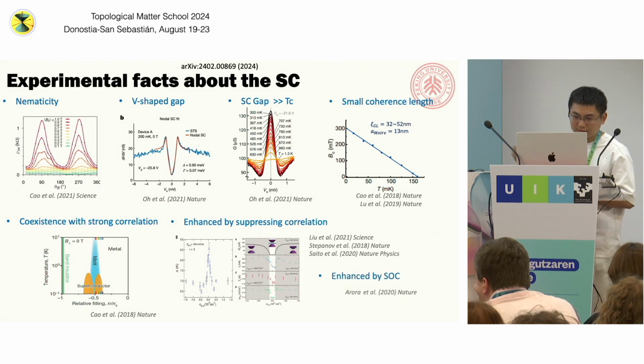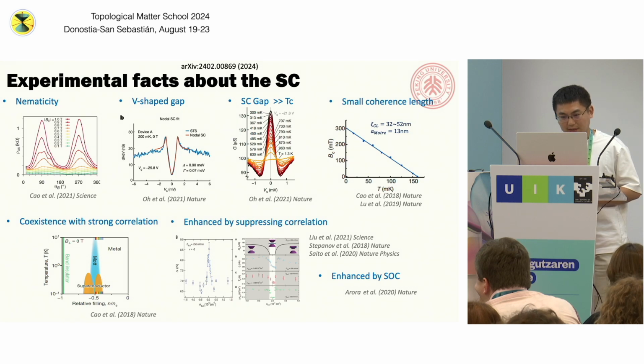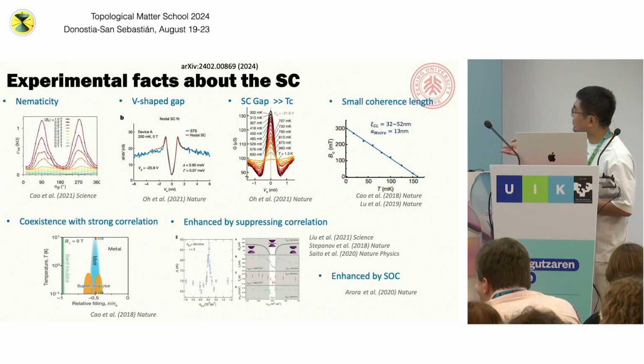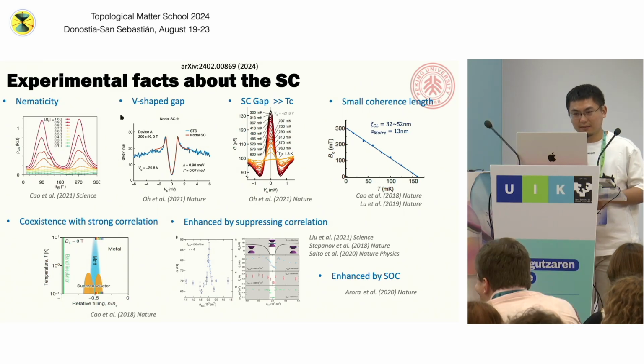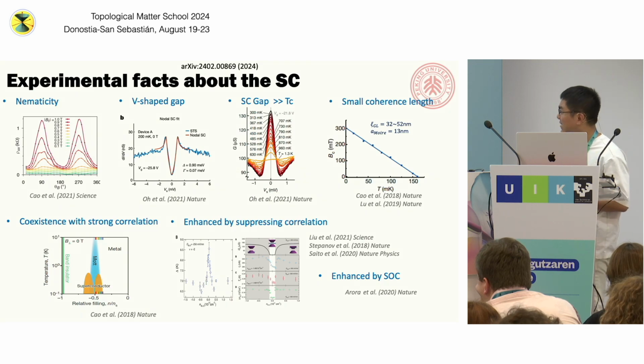So this might suggest a phonon-based mechanism. I think these are the key features that have been observed in experiments, and in the following, I will try to convince you, I'm not sure I'm able to, that these features could be understood using a unified picture.